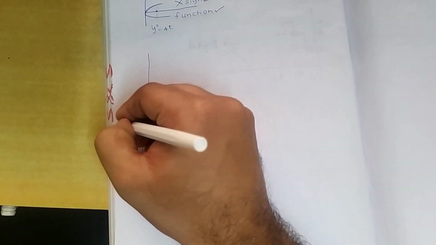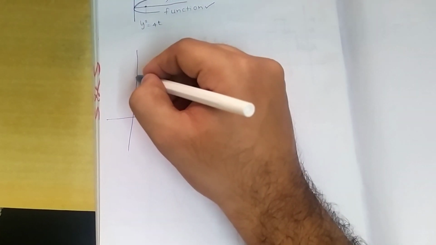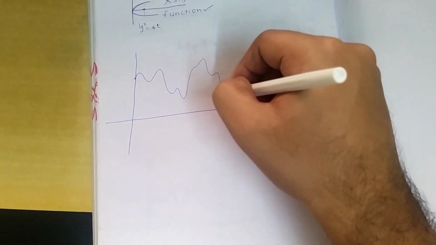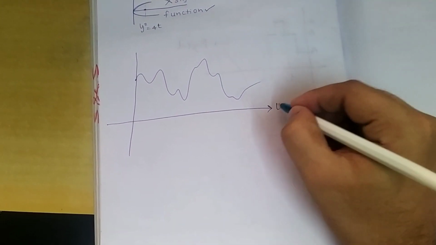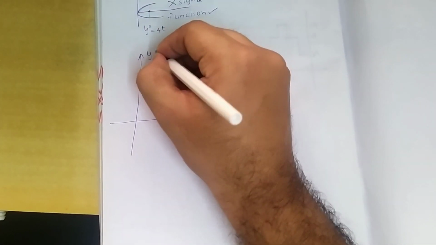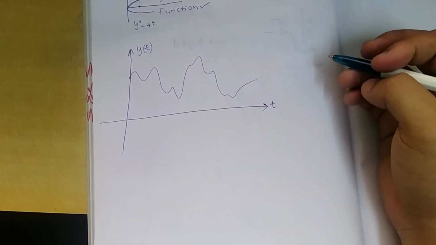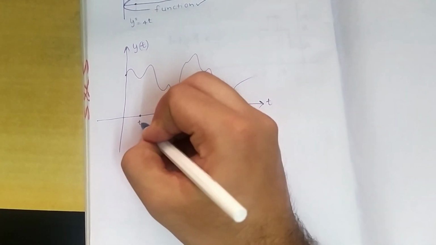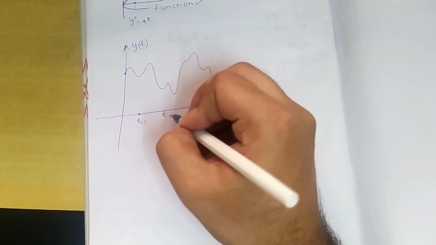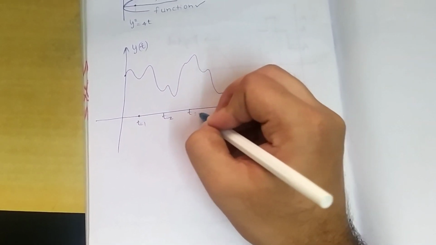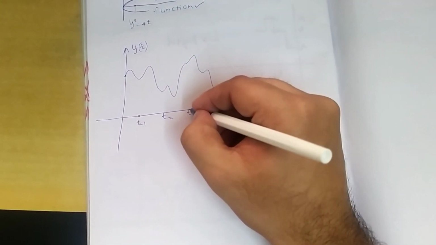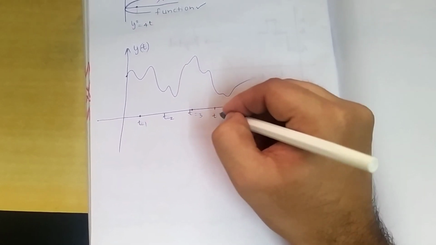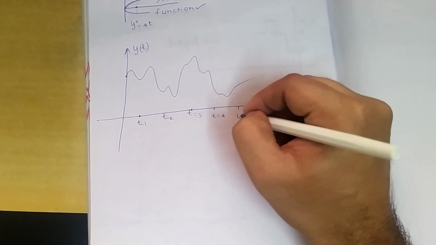Take your pen and, in a Cartesian axis or any axis, scribble like this. Let this be time and let this be some y of t. This is your signal. t is equal to 1, t is equal to 2, t is equal to 3, at different instants, t is equal to 4, t is equal to 5.